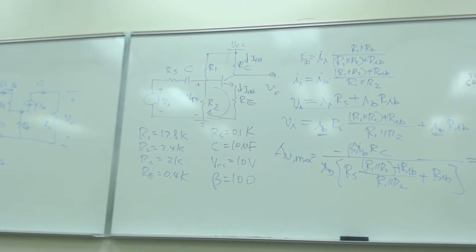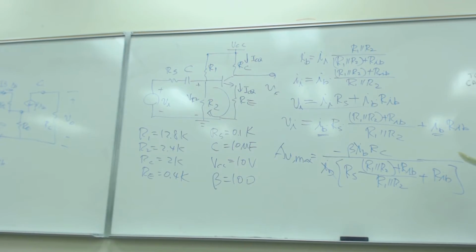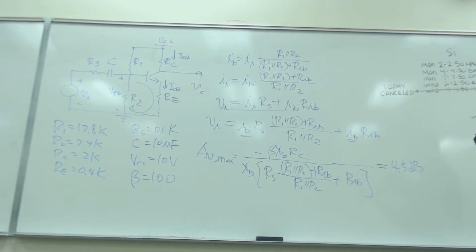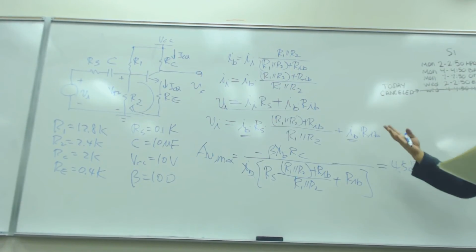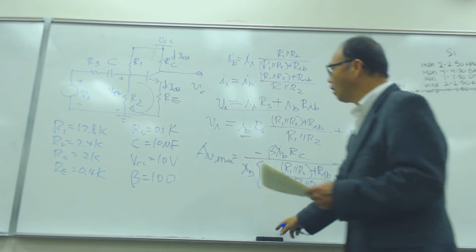I don't know the real number, but I know the number in dB. Okay, so let me give you that. So 4.5 dB. So that means you have that value, right? Then you do the 20 log 10 of the value. Then you get this number, yeah? 45. Okay.